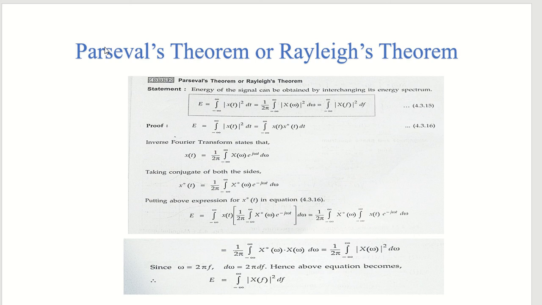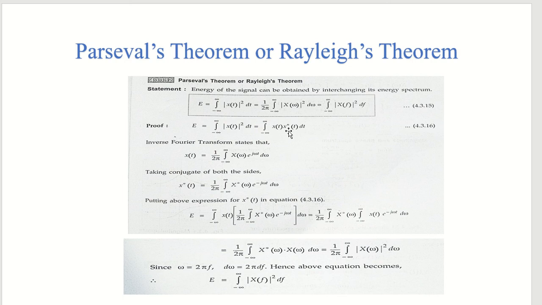And this x conjugate formula, we can put it in the energy formula, because basically we were getting x(t) into x conjugate of t when we took the modulus squared. So when we put this x conjugate formula in that, what we will get?